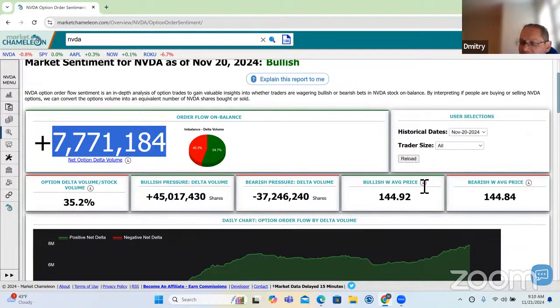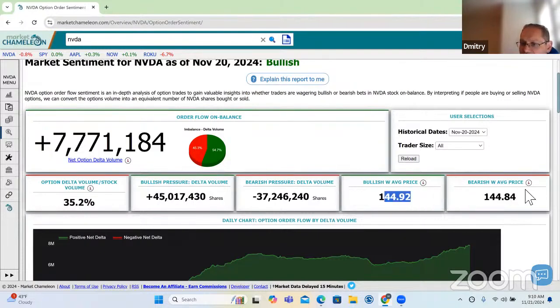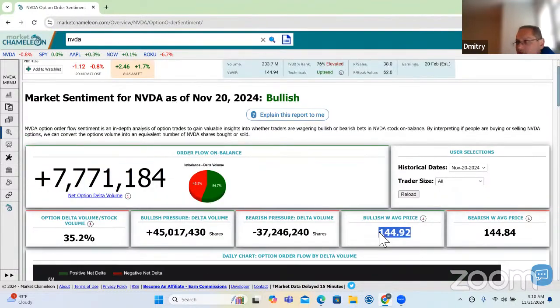Then we have these reference prices. And these reference prices are based on a volume weighted average price. And it looks at when these bullish deltas were established, what was the stock price? Okay.